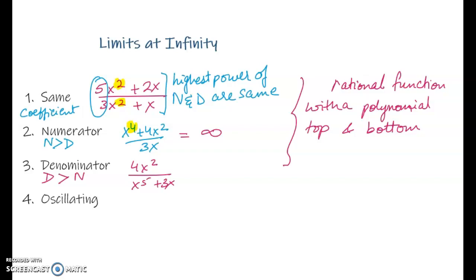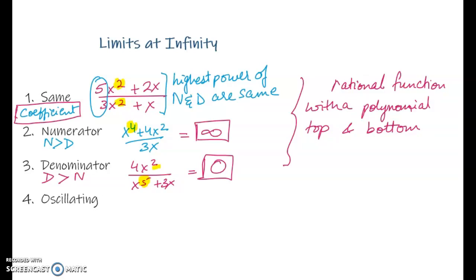Right now the highest power of the numerator is 2, but the highest power of the denominator is 5, and 5 is greater than 2. So in these cases, my resultant limit will be nothing but 0. These are the three easy and quick checks: just by looking at the question, you can understand what the answer should be.